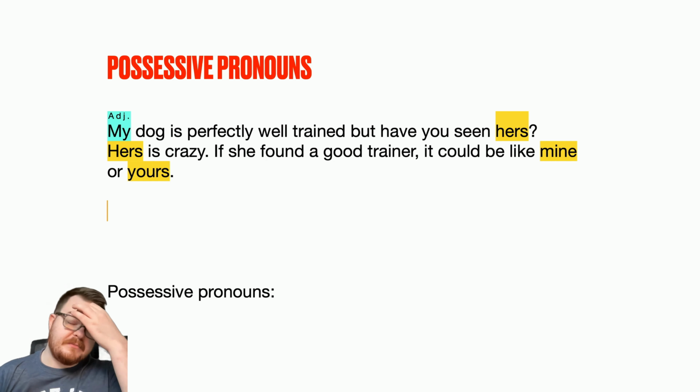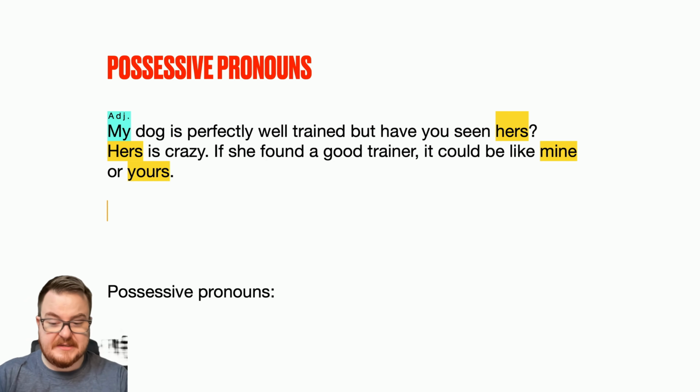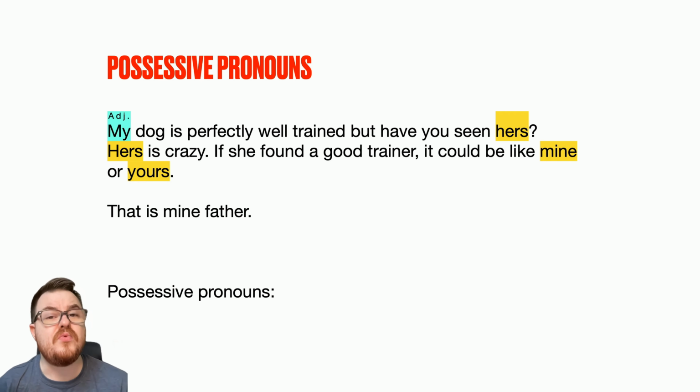Let me give you some examples in English, right? If I said, that is my father, that's wrong, isn't it? Because that word mine works as a possessive pronoun. It's not a possessive adjective. A possessive adjective is a word that comes in front of a noun.